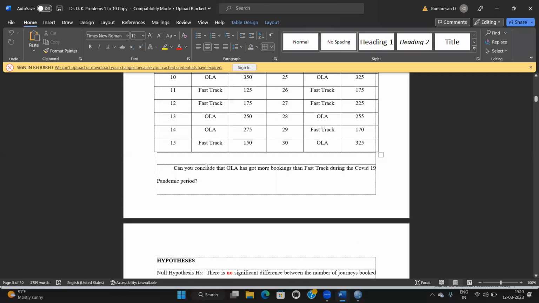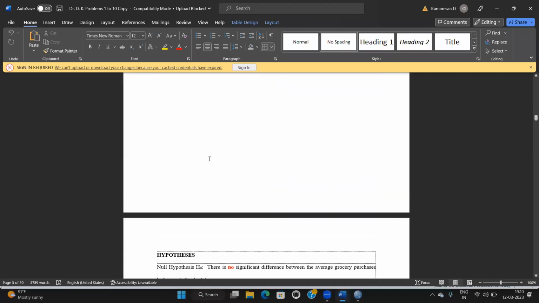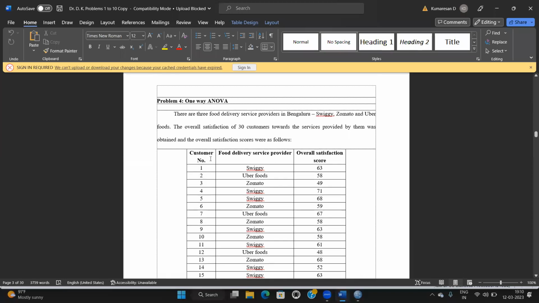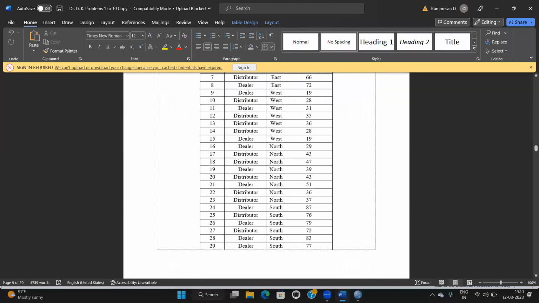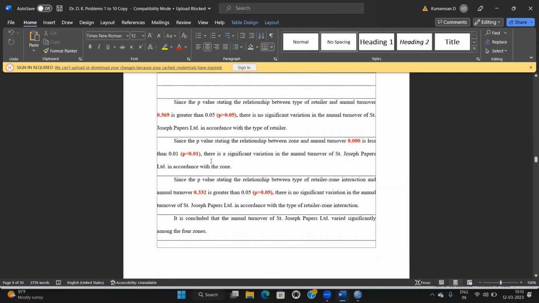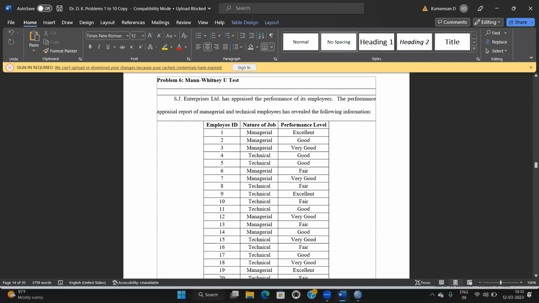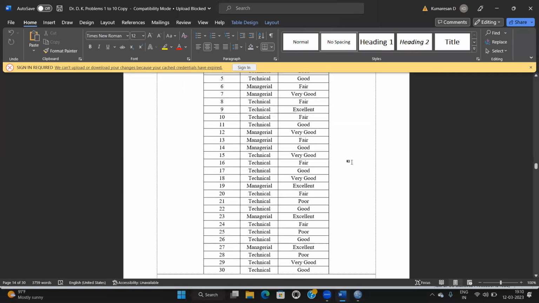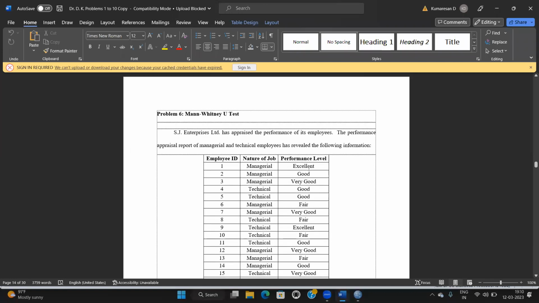Look at the Mann-Whitney U-test. This is the problem I have given to you for the Mann-Whitney U-test. There is a company. The company has some 30 employees, and they are categorized on the basis of nature of job.